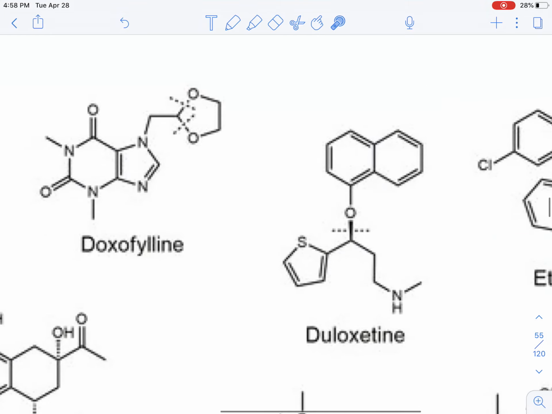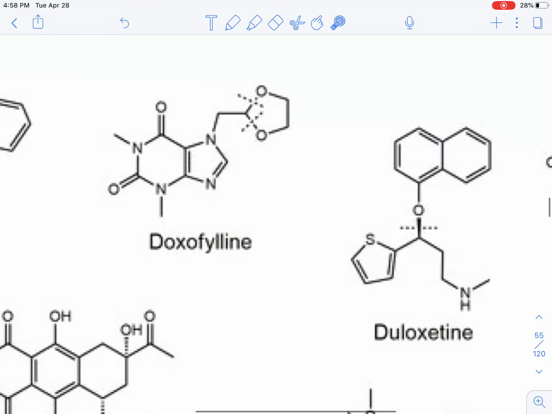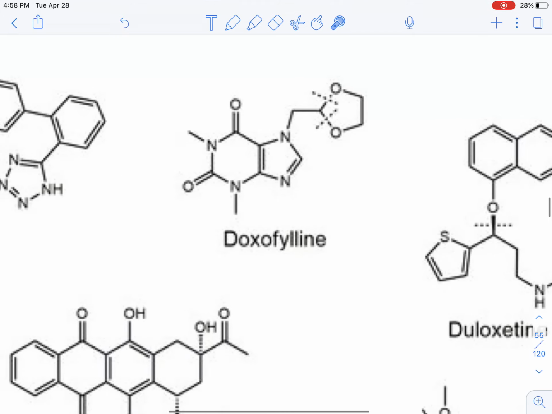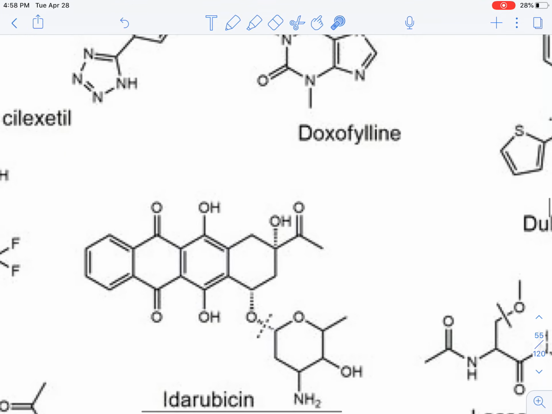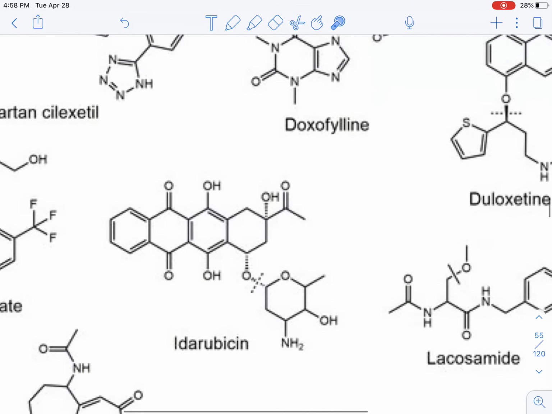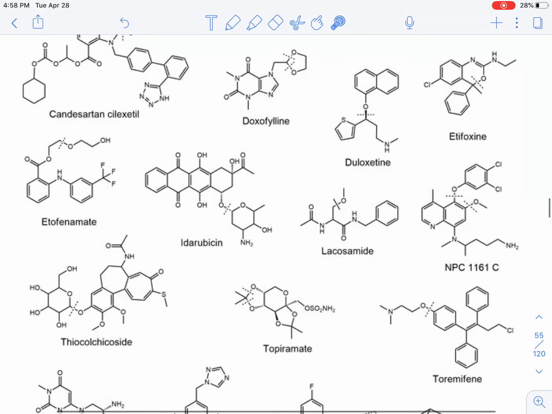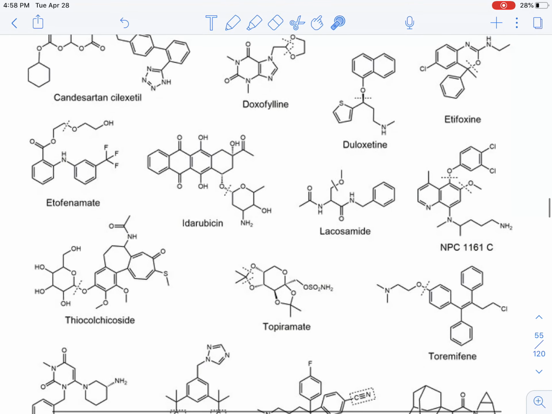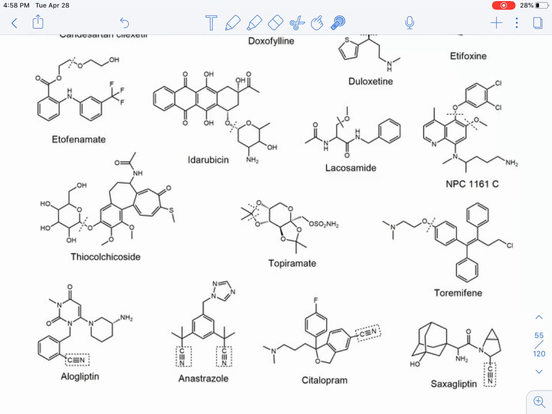Now, as I'm circling each and every single one of these ethers, notice that the left hand side of the ether and the right hand side of the ether can be completely the same or they can be completely different, right? So here's another ether right here. The list continues. So each and every single one of these substances, feel free to Google them to see what they do. But ethers are present in medicinal drugs as well.